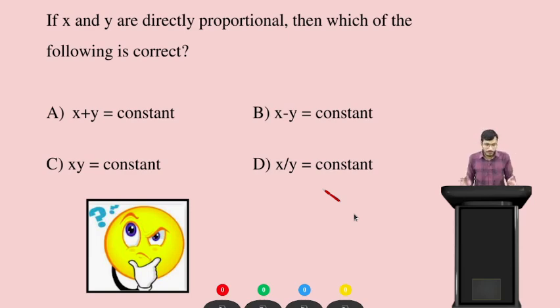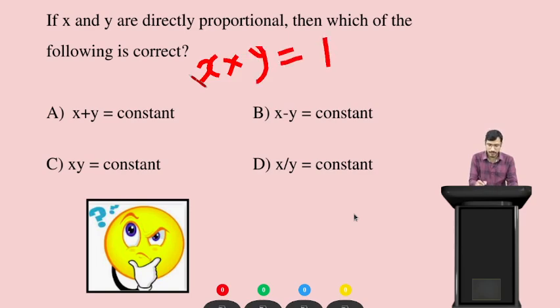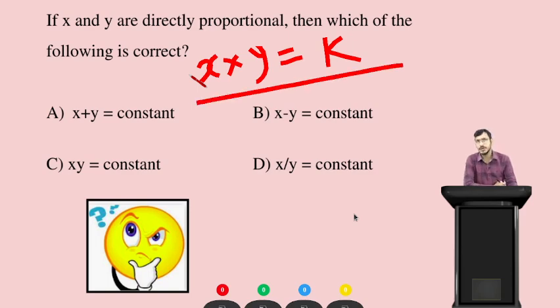So that means the product of x and y will be equal to a constant, k. So x into y is equal to constant always in inversely proportional, and in directly proportional x upon y is equal to k.